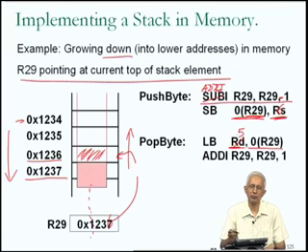Again, this could be R5, whatever register I want the value to come into for subsequent computation. Subsequently, I need to update the stack pointer by incrementing it by 1, and the effect is that the top of stack gets erased. I can do the incrementing using add immediate R29, R29, 1.